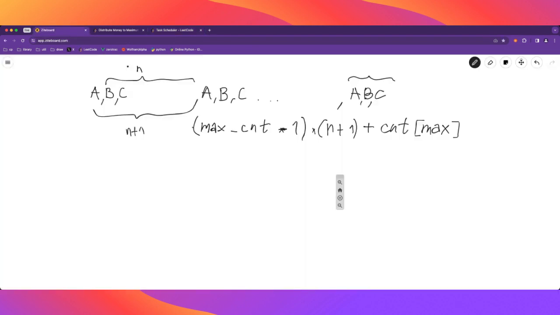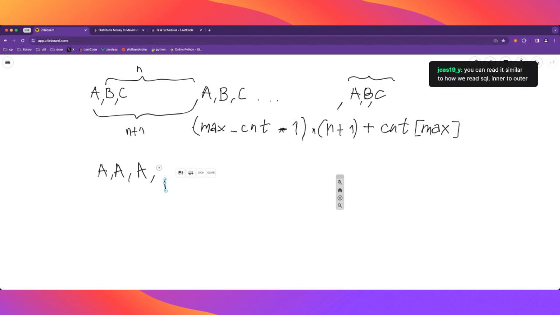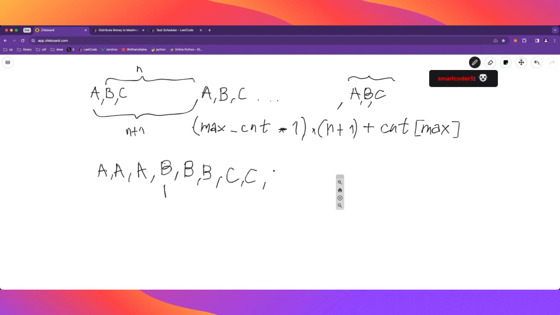Okay, so let me explain a little bit. So if you have A, then B, then C, and D, then the counts will be: of A we have 3, of B we have 3, of C we have 2, and of D we have 1, right?